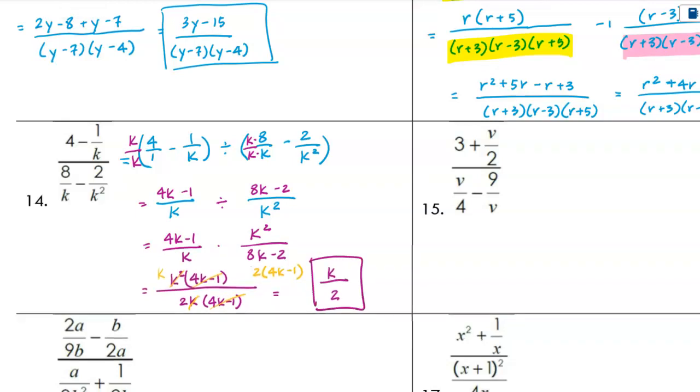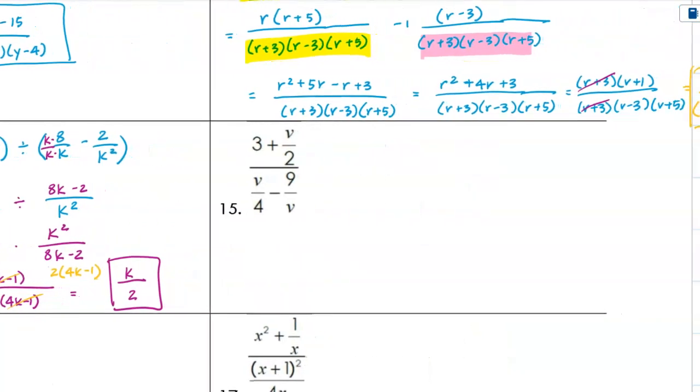Good job, guys. Next, let's go ahead and write that horizontally. 3 over 1 plus v over 2 divided by v over 4 minus 9 over v. Oh, horizontally, I'm sorry. You do that first. Okay?